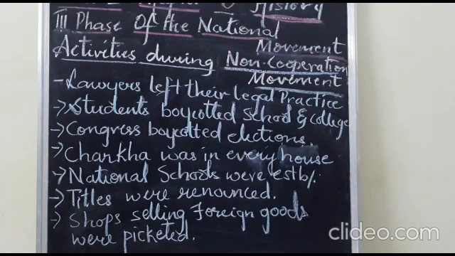National schools were started. As we learned in the previous chapter, national schools were started by the Muslims and the Hindus. Now, why did they start the national schools? Because the Britishers in their missionary schools trained the youth to be full-fledged Englishmen.